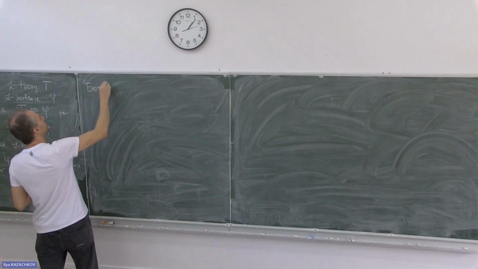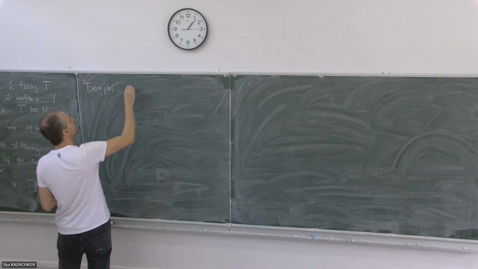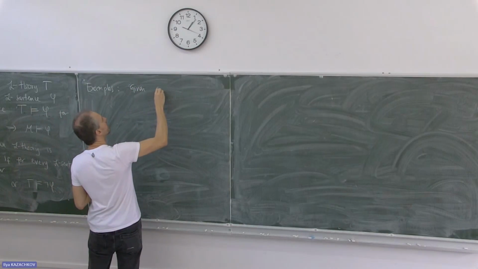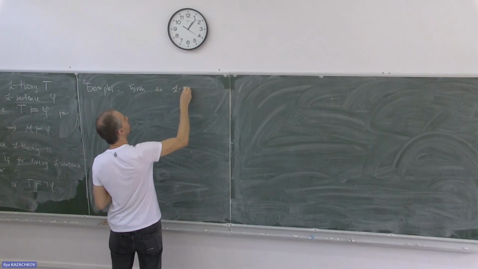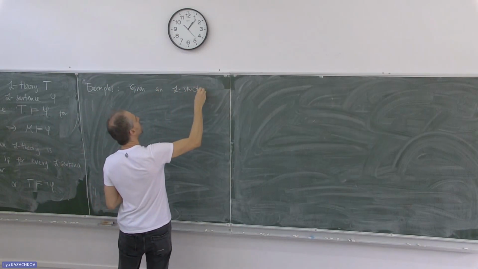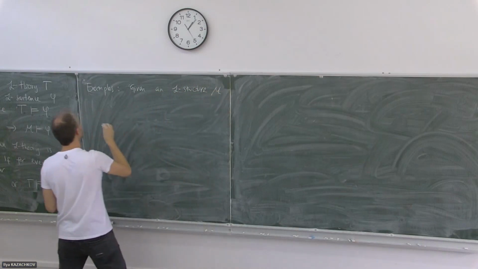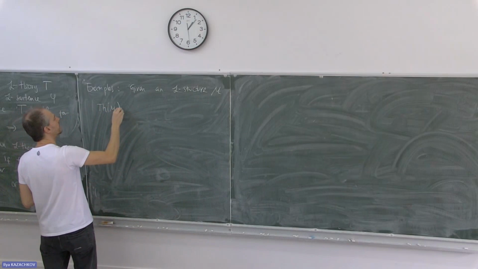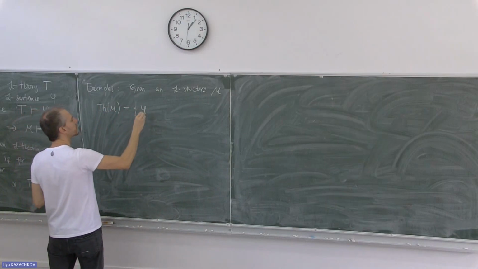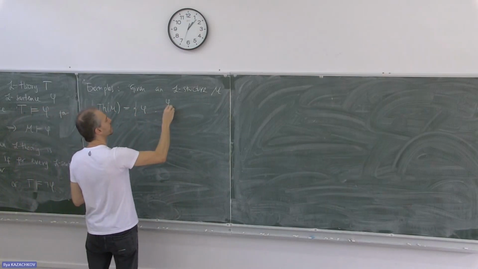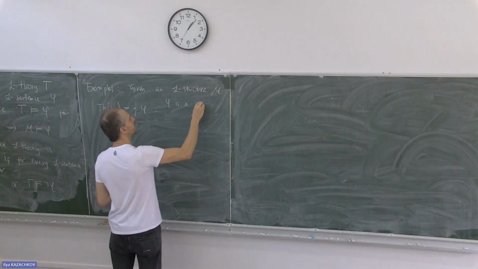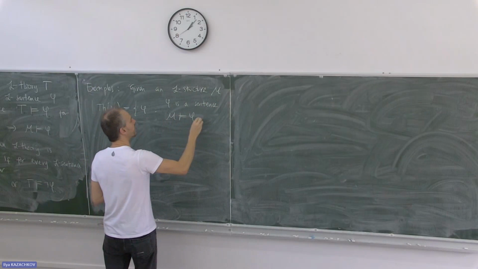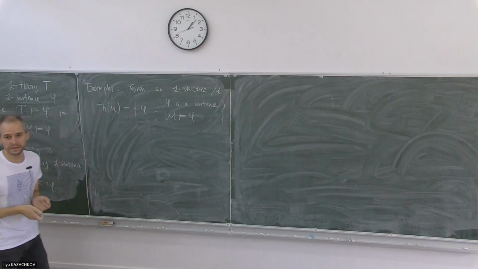Examples. Given an L-structure M, this set, which we call the theory of M, is the set of all sentences phi such that M satisfies this sentence.